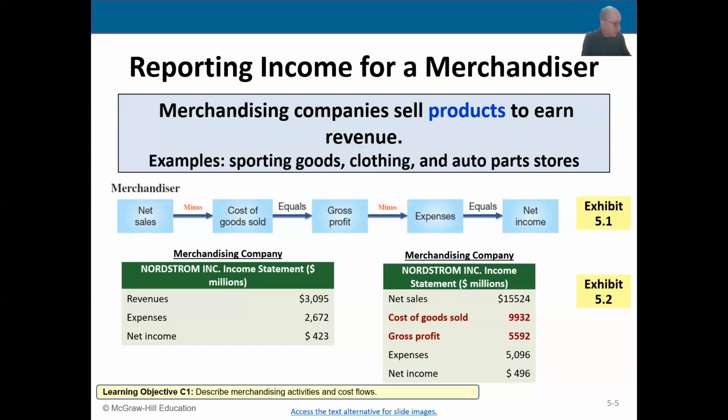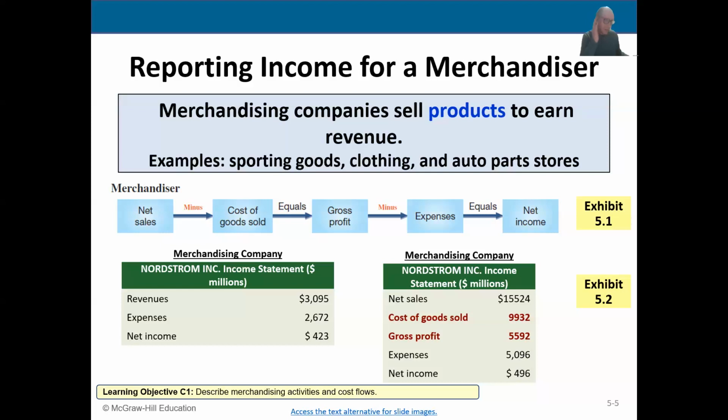Going back to my $50 t-shirt example, the sale price is $50. The cost of goods sold is $5. Remember, because they bought the inventory from the distributor for $5. They sold it to you for 50. So $50 sale minus $5 cost of goods sold equals $45 of gross profit from selling that one shirt.